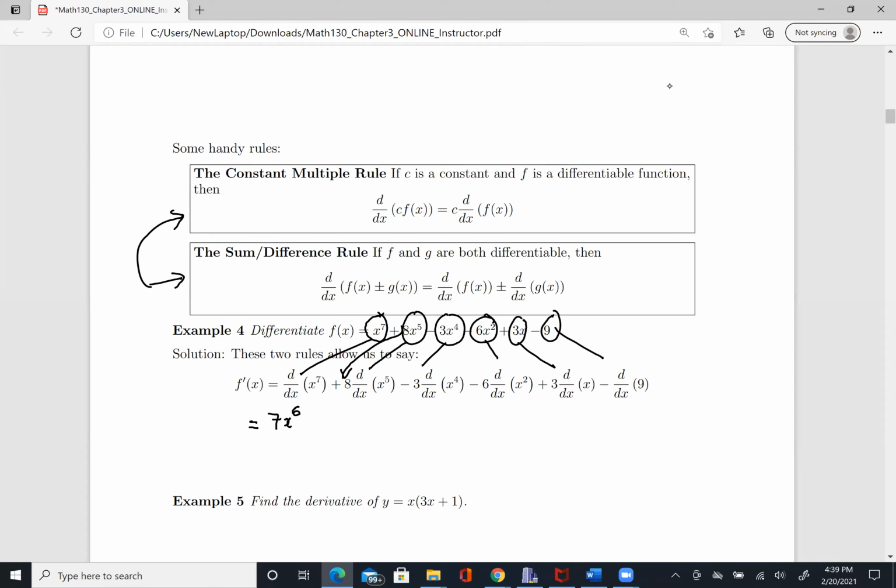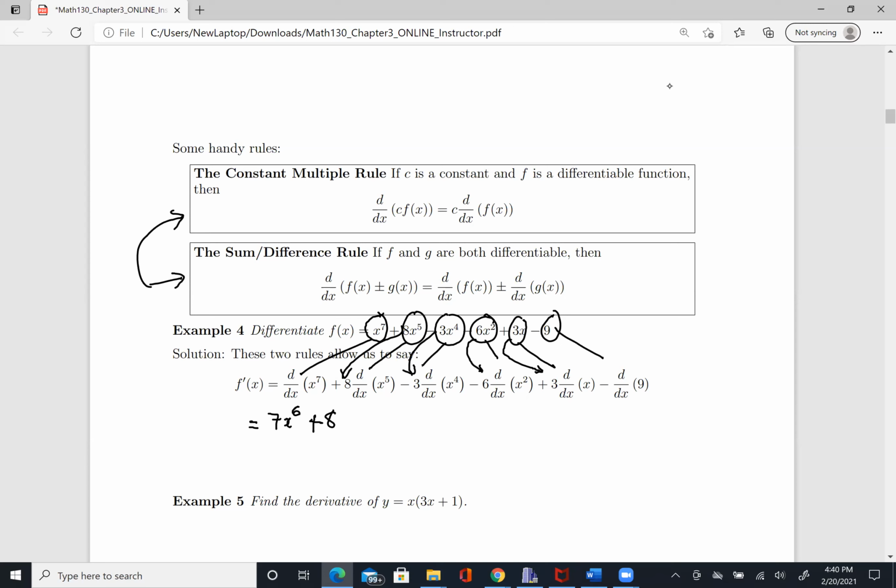Similarly, for the negative 3 here, I just move it outside of x to the power 4 and take the derivative of x to the 4 only, and the same for 6 and 3. Now keep going. I put 8 first.